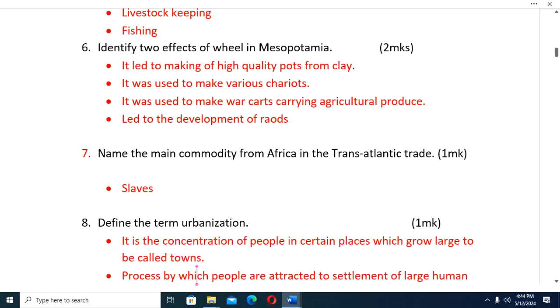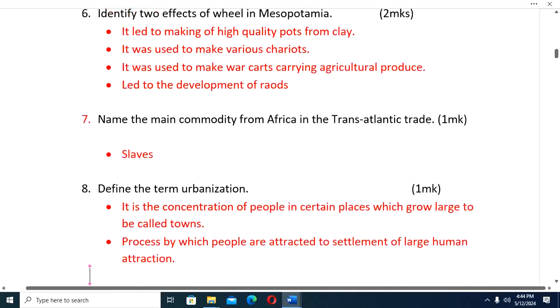It led to making of high quality pots from clay. Number 2, it was used to make various chariots. Next, it was used to make war carts carrying agricultural produce. Next, it led to the development of roads.